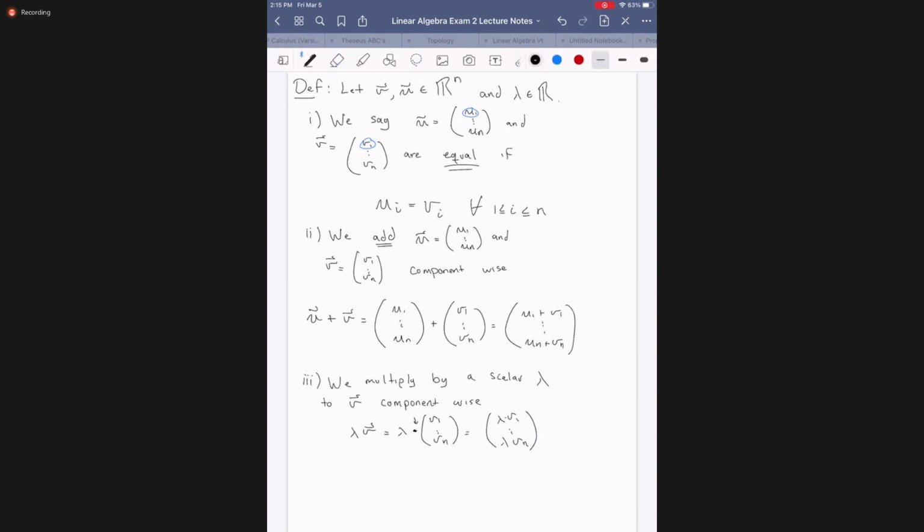And then finally, we denote this 0 with an arrow overhead. That's the list with every entry being 0, or we can call it the 0 vector, where all entries are 0.